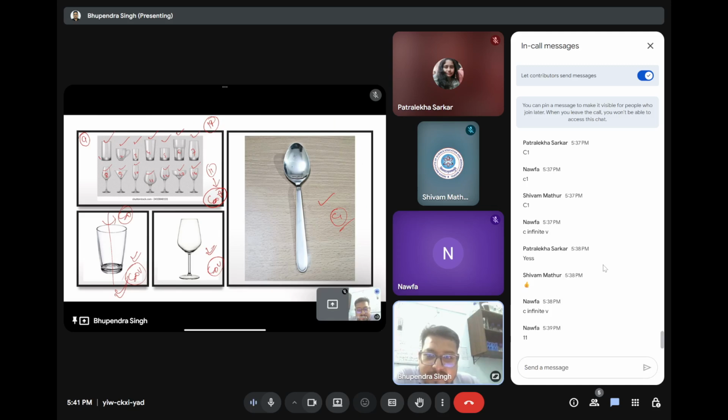Or simply you can type those three glasses which are not having C infinite V point group. Okay, nice. Except 2, 5, 6.